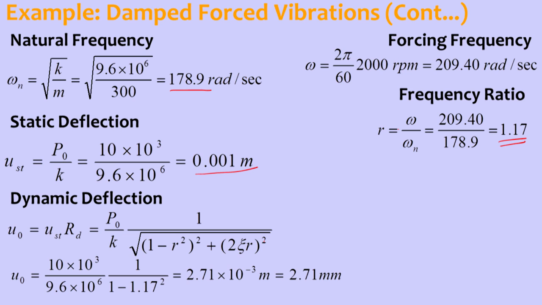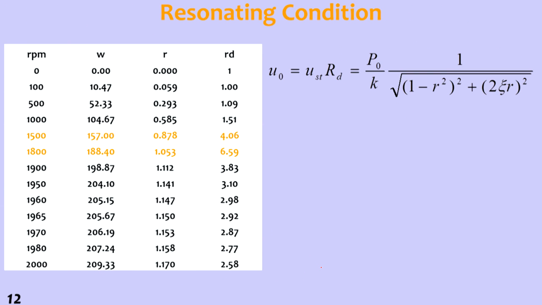The dynamic amplification factor in this case is 1 by the square root of (1 minus r square) whole square plus (2 zeta r) whole square. If you substitute all these terms with zero damping, we get 2.71 millimeter. But let us look at the case with 5% damping.